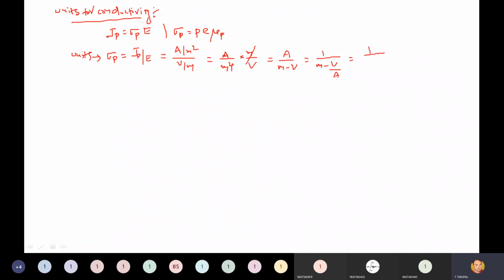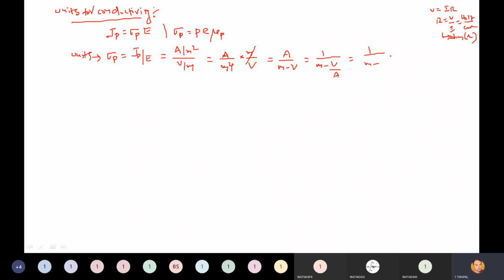What is volt by ampere? Voltage by current. V equal to IR, isn't it? R is equal to V by I. Voltage by current means resistance. So what are the units for resistance? Ohms.